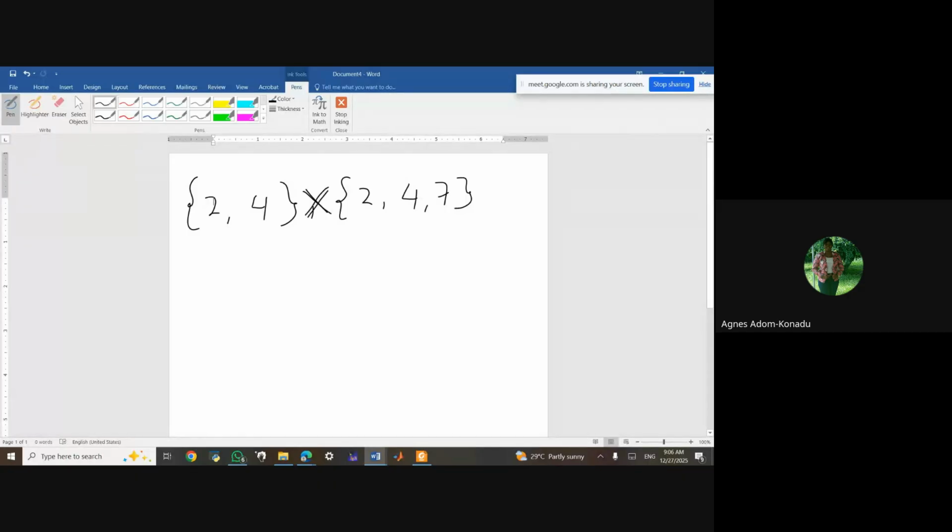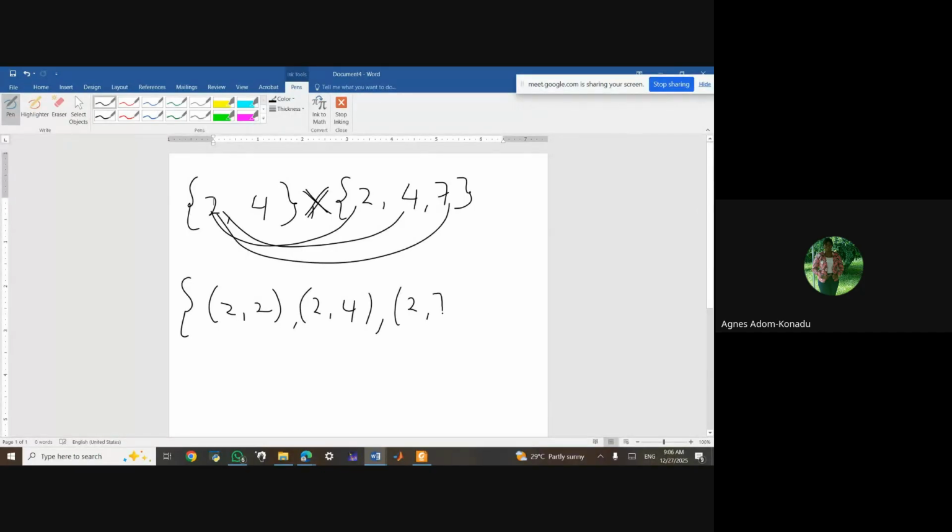It means that the first element should always come from the first set, and the second element will come from the second set. So I have 2 going to 2, so I have 2, 2. Then 2 will go to 4, so I have 2, 4. Then I have 2 to 7, so I have 2, 7. So I'm done with the 2 crossing with the elements here.